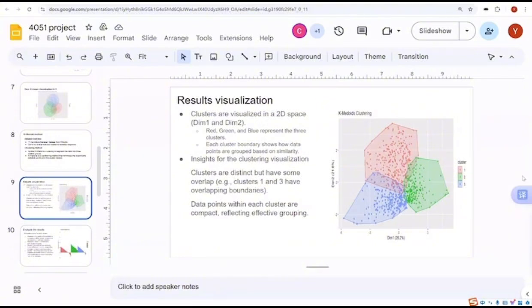Okay, so I only want to make a suggestion. I actually believe that your intention was to compare the K-means, the K-medoids, and the hierarchical. But I'm actually seeing an overlapping picture.